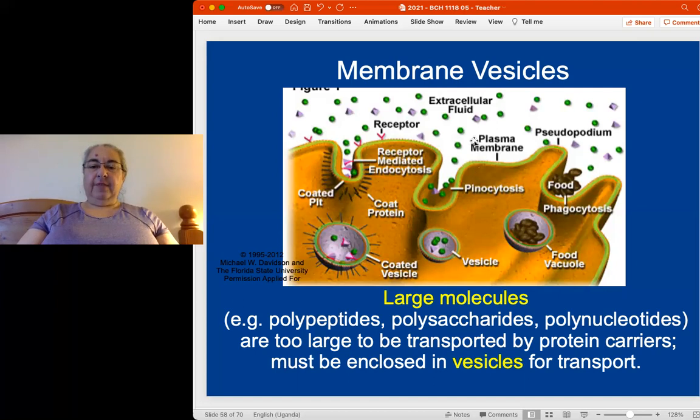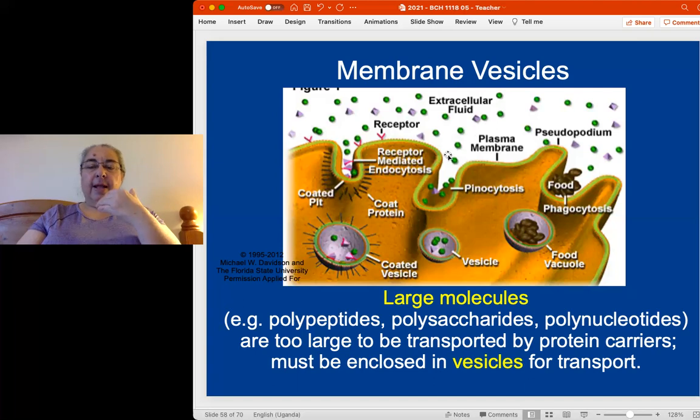And if we looked at the cell surface here to see how that can happen, we can see that the plasma membrane, because it's very fluid, because it can change its shape, is able to pull in and make indentations.